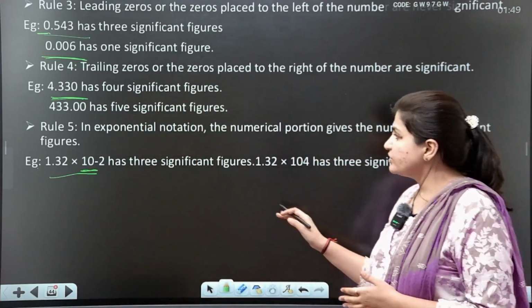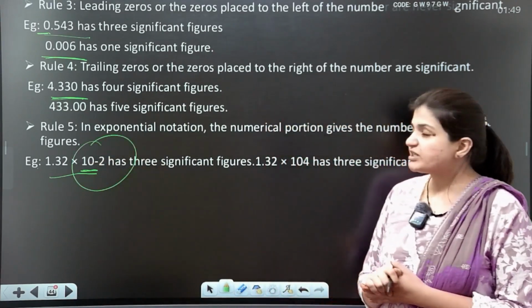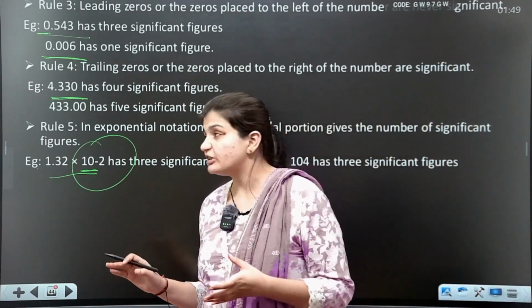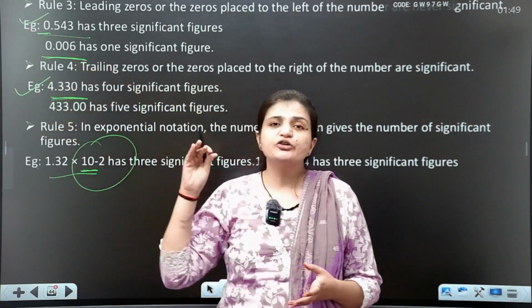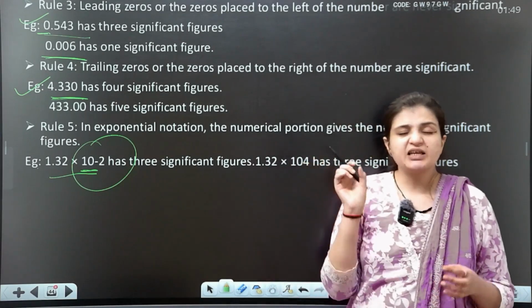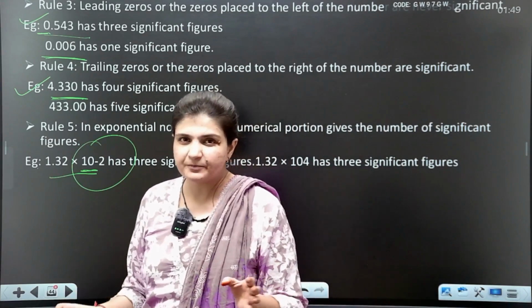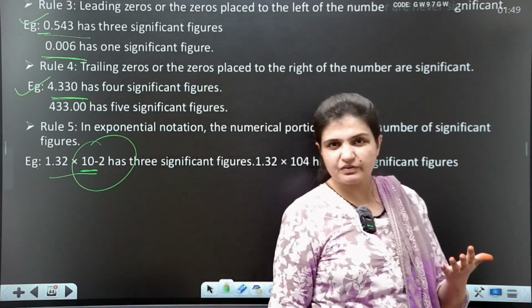Also, when a number is written in exponential notation, in all of rules 1 to 4, if the zeros are at the leading places, they will not be counted, else they will be counted.